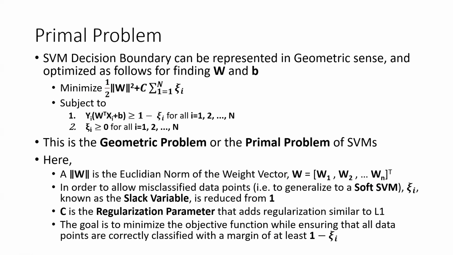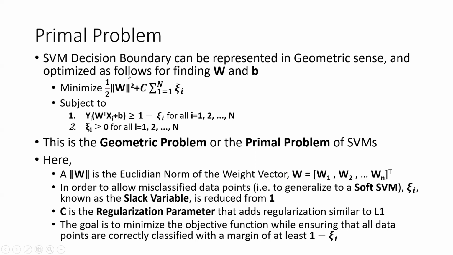We know this W is the norm. This C is a hyperparameter which we are going to define, and this psi i is also a variable known as the slack variable. We will see what it is as well.